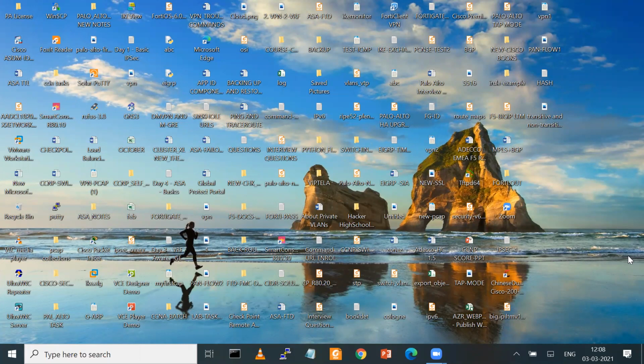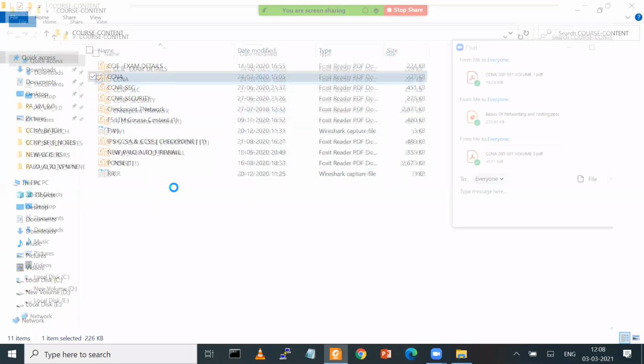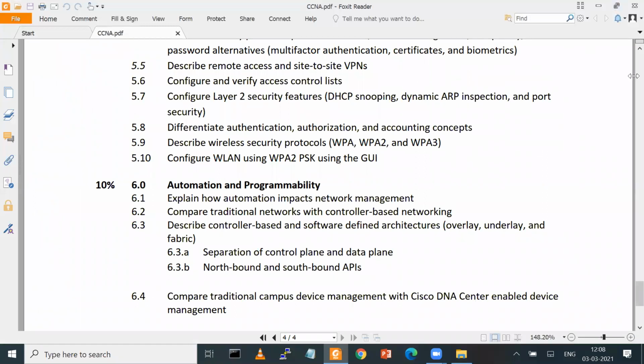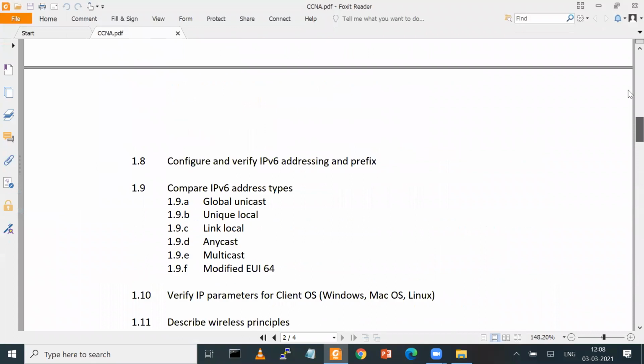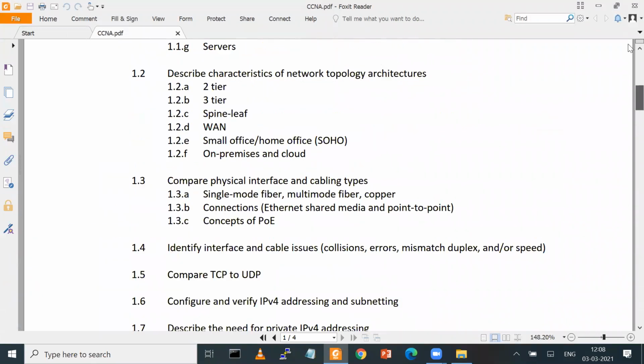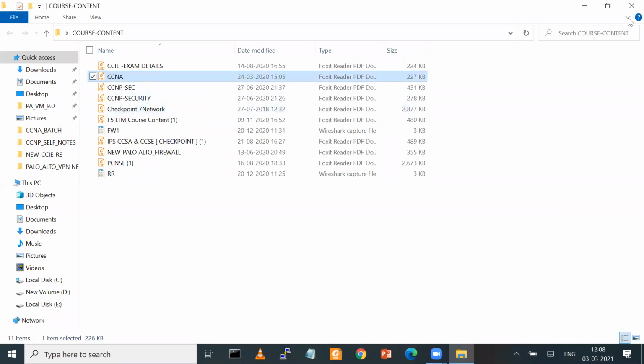Sir, do we have the syllabus for the new CCNA 200-301? Yes, this is the syllabus. It's pretty different from the last syllabus.